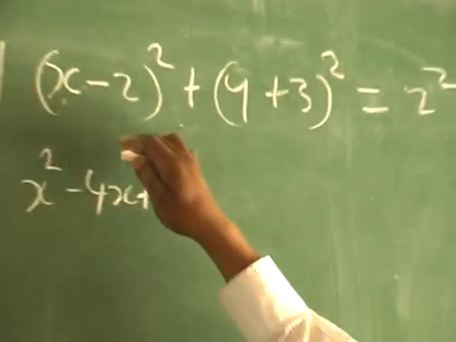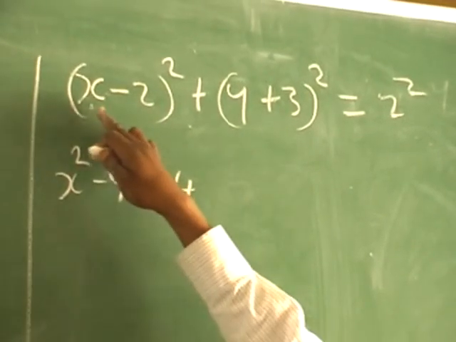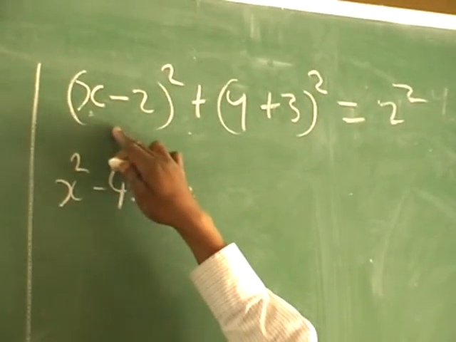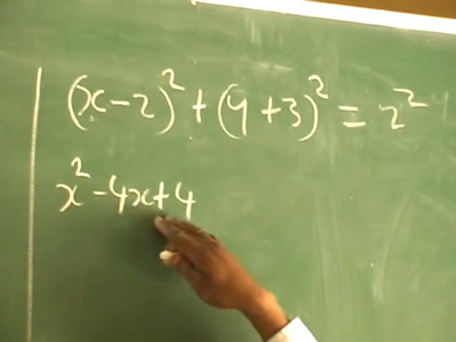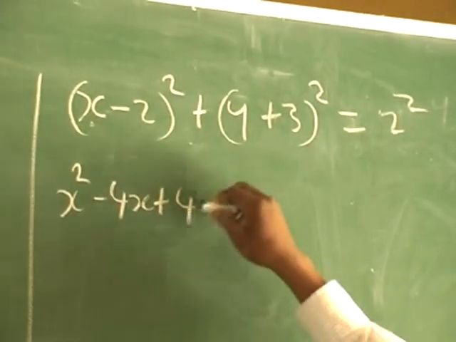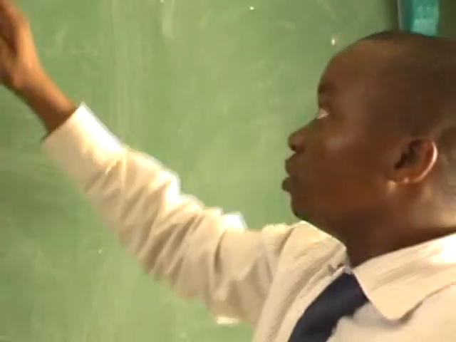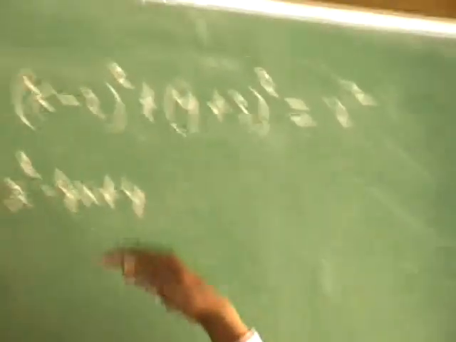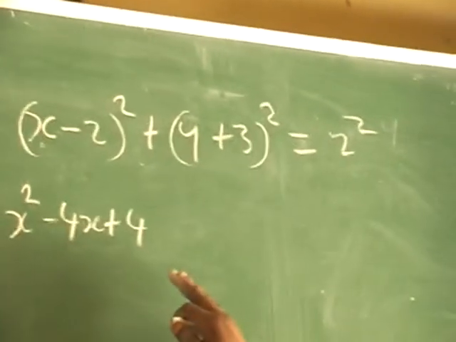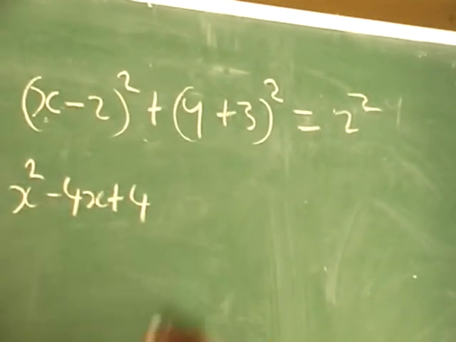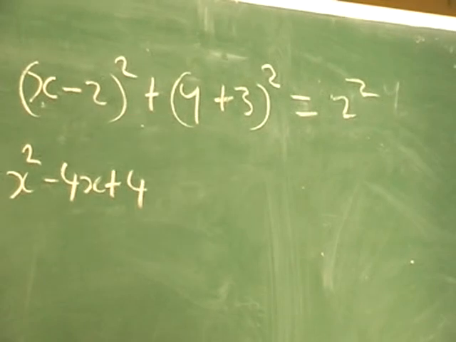This is by binomial expansion. Make sure you watch our lectures on binomial expansion so that you know how to expand, because a lot of expansions are there in circle. When we enter circle, we talk about a lot of expansion.